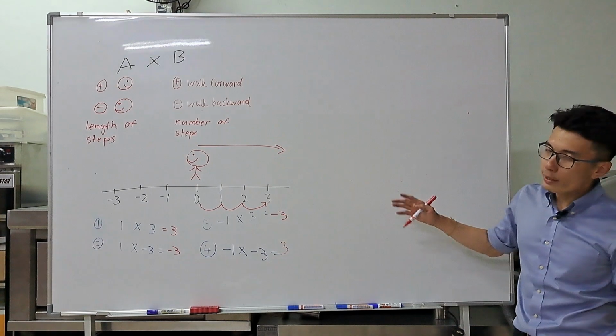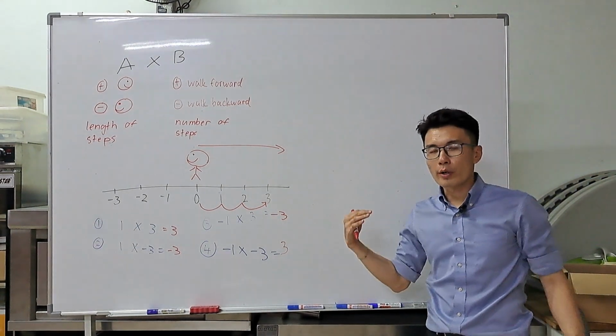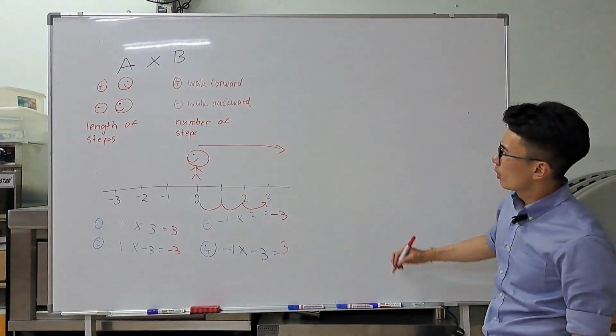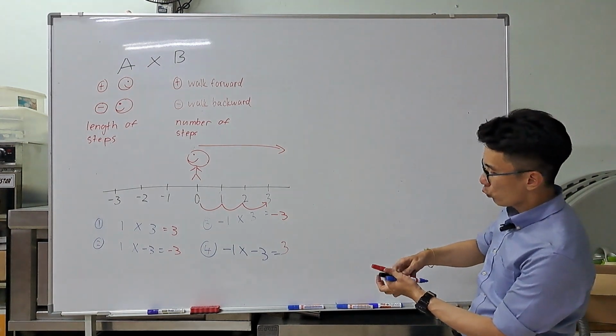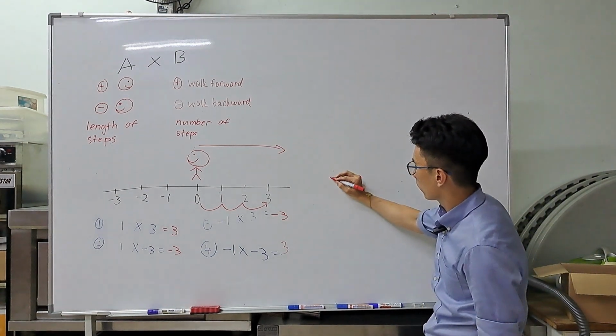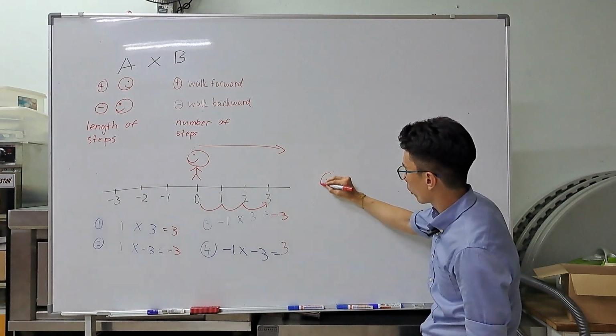Based on what we have here, we can write down a summary. What we have been doing is multiplying. That is the operation we are doing.